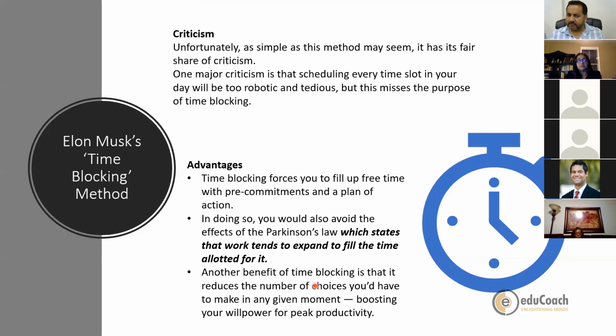Another benefit of time blocking is that it reduces the number of choices you'd have to make in any given moment of time. The biggest problem why people procrastinate is when they have to take a decision. So if you create a sense of urgency, you basically reduce the number of choices you have to make, and it boosts your willpower for peak productivity.